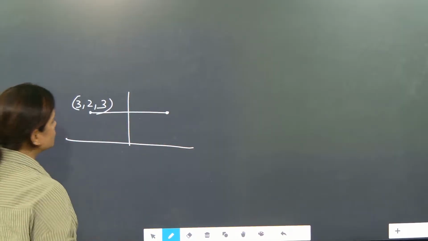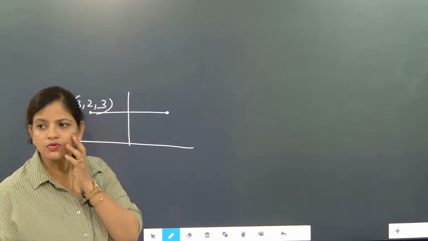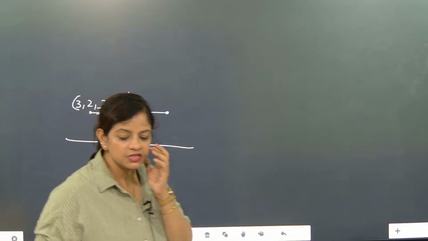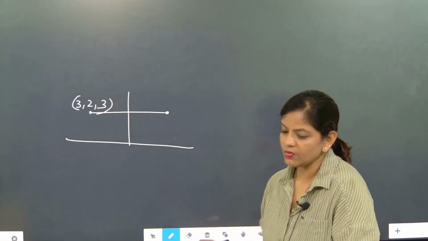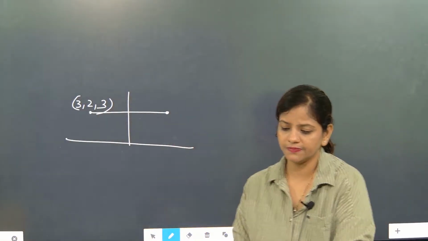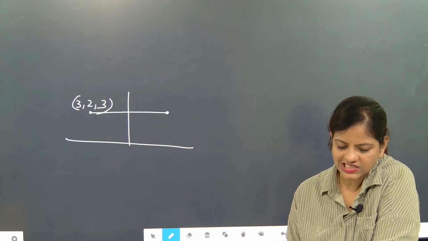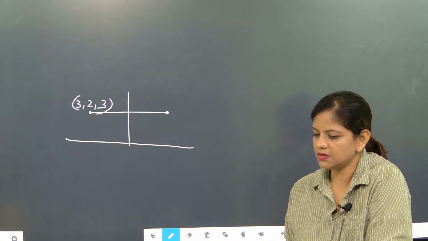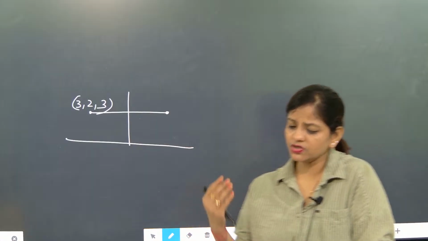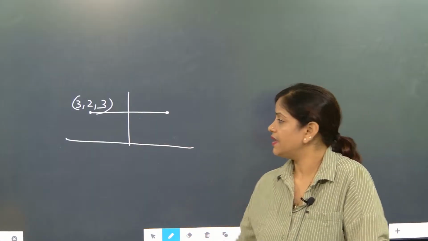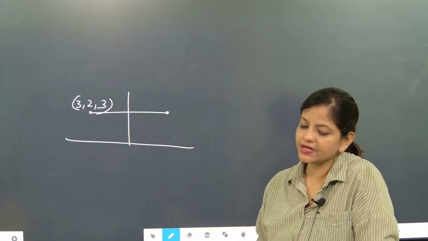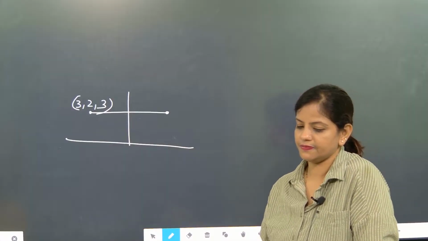Got it? So now (3, 2, 3). You need to check with which quadrant axis it is going to change. You tell me what can be the image of (3, 2, 3). Let's see if you are understanding or not. What can be the expected image of (3, 2, 3)?